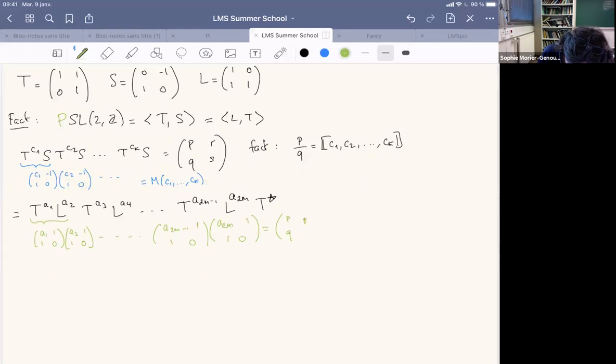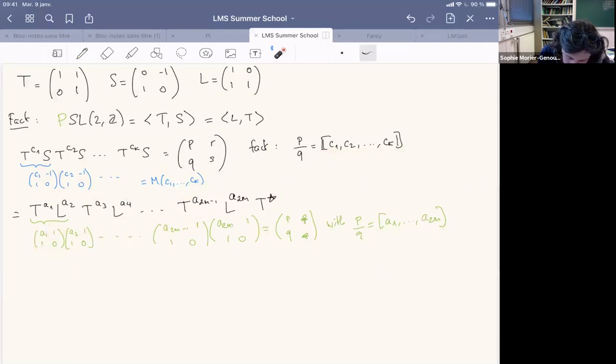So the continued fraction with the negative sign is a product of elementary matrices with a negative sign here, and the regular continued fraction with the plus is a product of the same matrices but with a plus here.